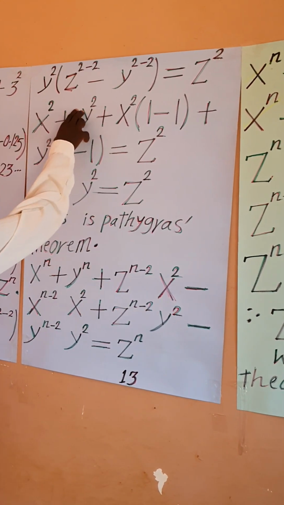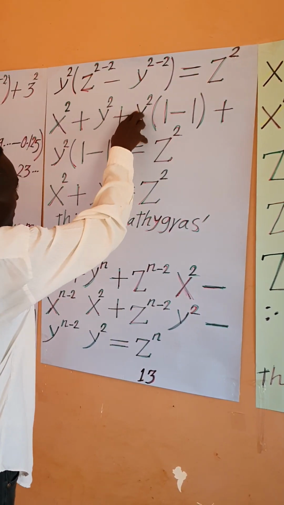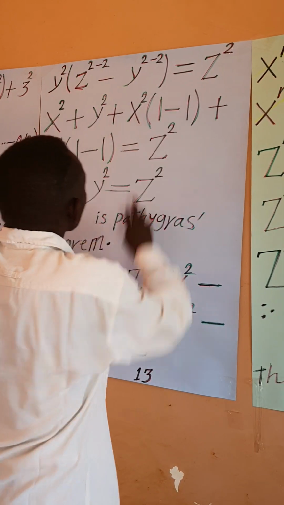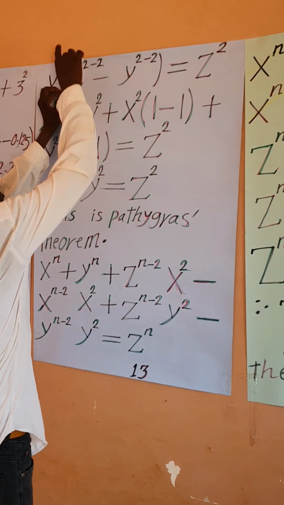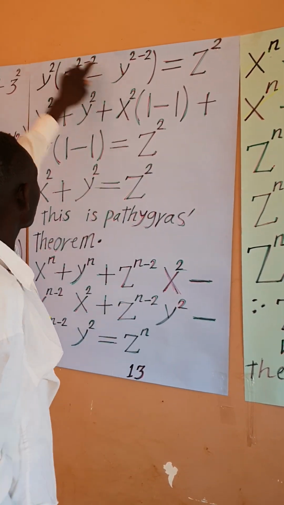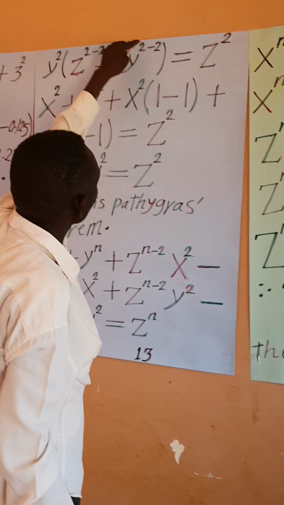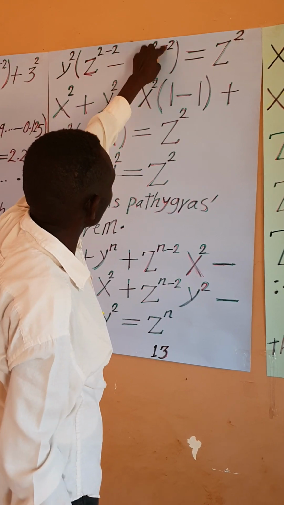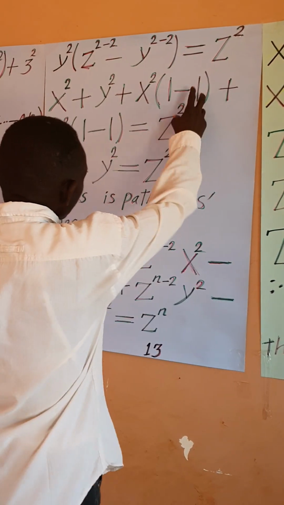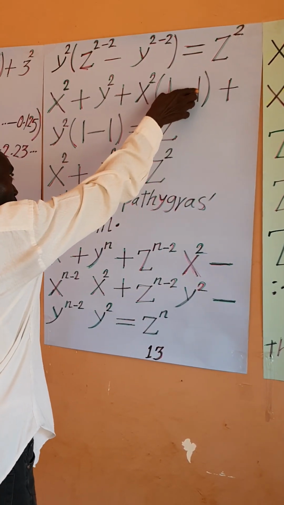In this, z to 2 minus 2 equals 0, we get 1. And also x to 2 minus 2 equals 0, we get 1. 1 minus 1 equals 0.